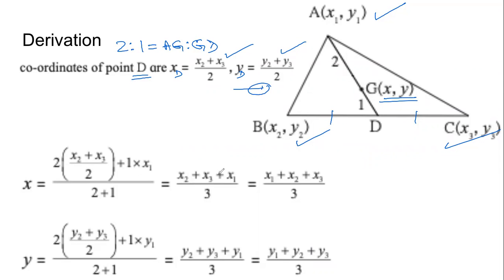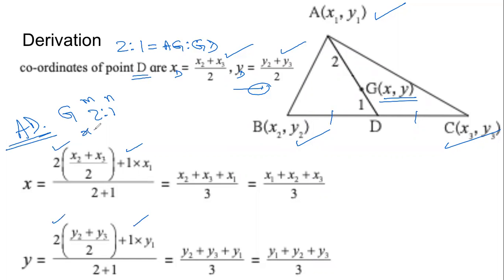In the second step, look at the line segment AD. AD is a line segment in which the point G is dividing it in the ratio 2:1. Now we can apply the section formula. Our m is 2, our n is 1.